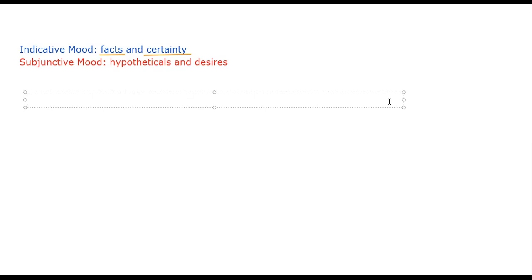We use the subjunctive mood when we want to talk about desires or orders or commands or requests, anything that we basically want to happen. For example, I demand that you be present for the meeting.